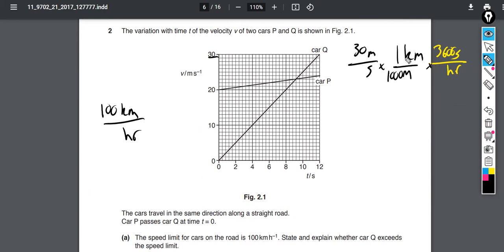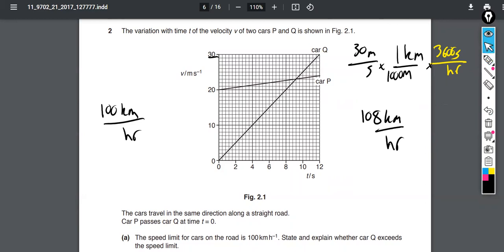So it's really just 30 times 3.6, right? Those two zeros, 36 divided by 10, so 30 times 3.6. So we realize that this 30 meters per second corresponds to a speed of 108 kilometers per hour.